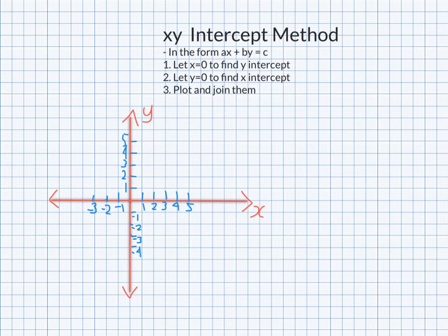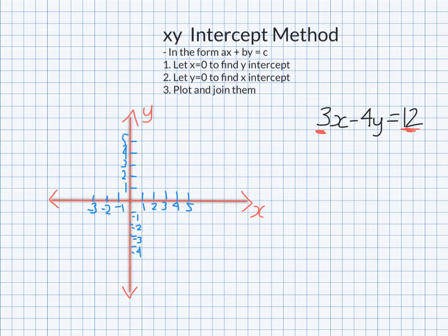So the next method we're going through is called the XY-intercept method. So let's say we have the equation 3x minus 4y equals 12. Well, that too is a straight line, but it's not in the form y equals mx plus b. So this number in front of x, 3, is not the gradient, and this number here, 12, is not the y-intercept.